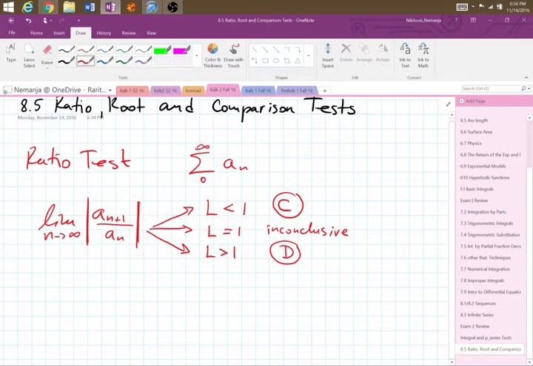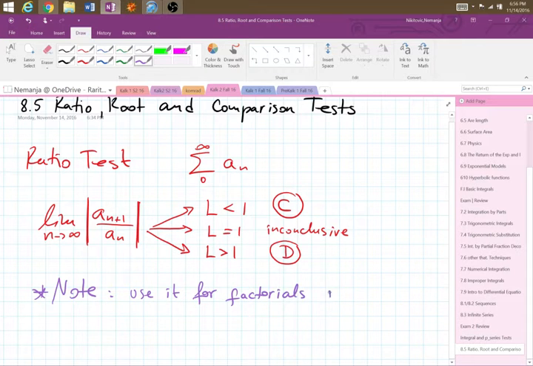And a cool note over here would be that this is a go-to test if you have factorials around. Remember the factorials, the n factorial? You remember that one? All right, good. So use it for factorials.